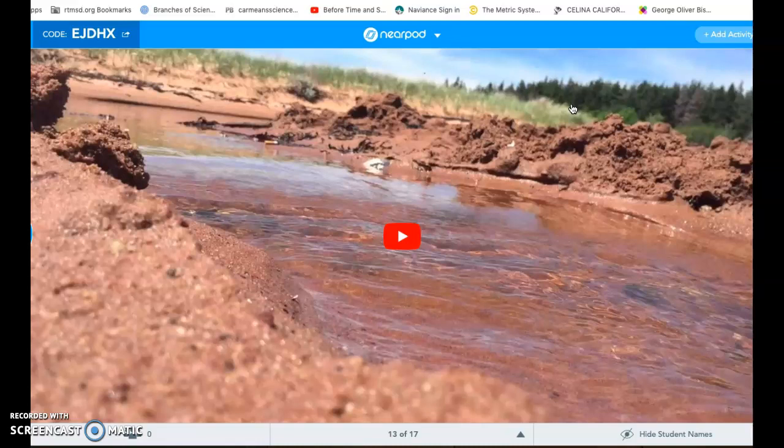So the three types of rocks are igneous, metamorphic, and sedimentary. Igneous rocks form from melting and cooling of either magma or lava. Sedimentary rocks form from the WEDCC process. And lastly, metamorphic rocks form from heat and pressure.